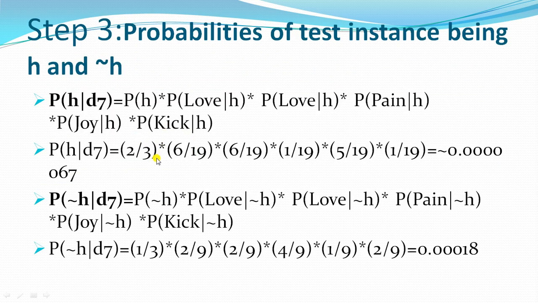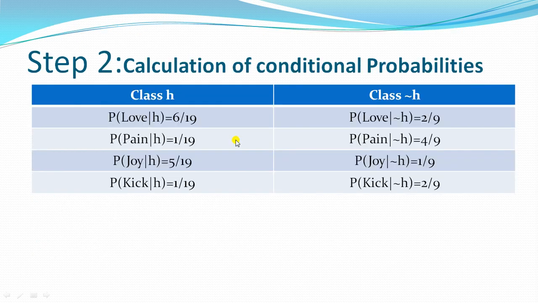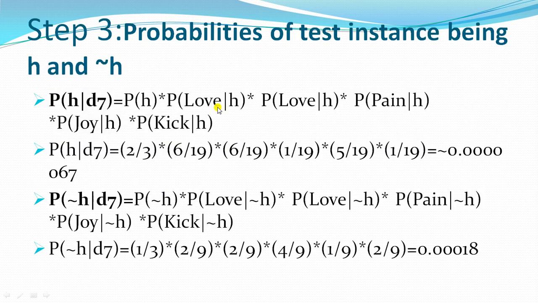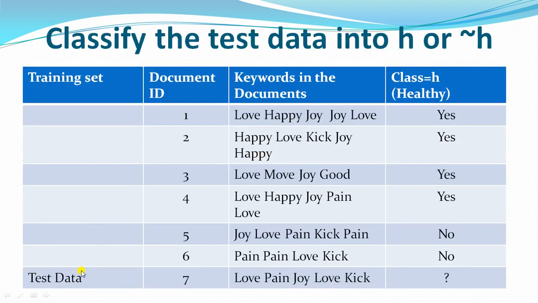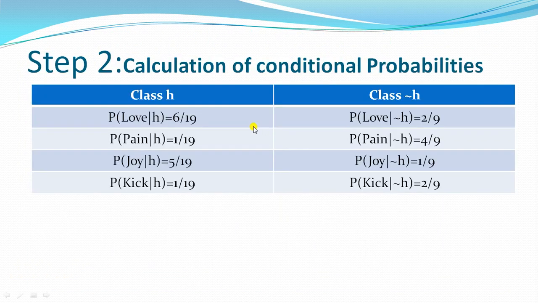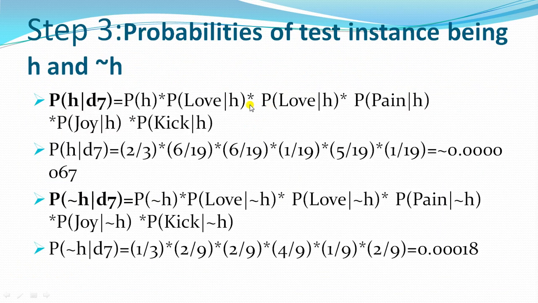Go to step number 1, that is P of H, that is 2 by 3. So it is 2 by 3 into, see probability of love with respect to H, it is here 6 by 19. Since in this particular test data we have two words of love, we should multiply it two times.